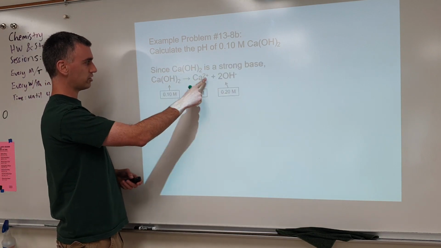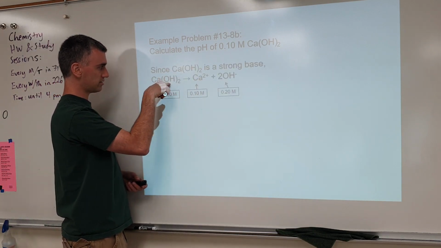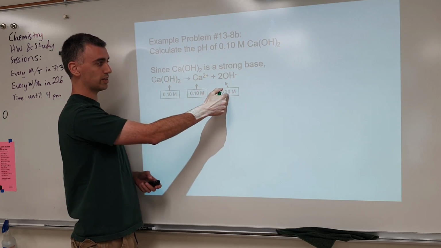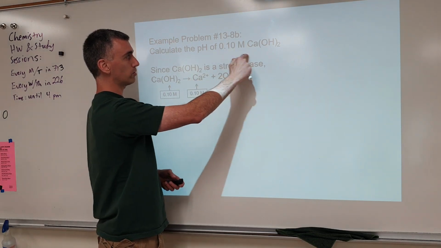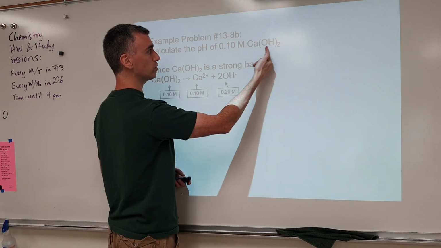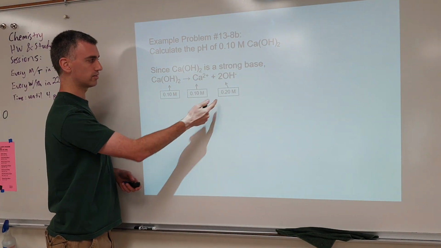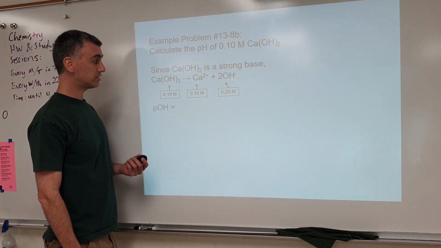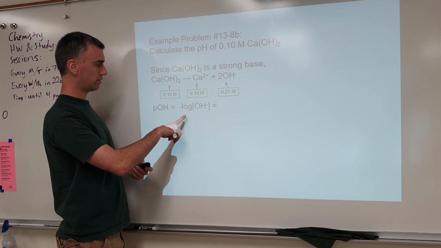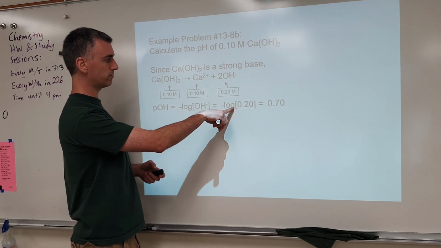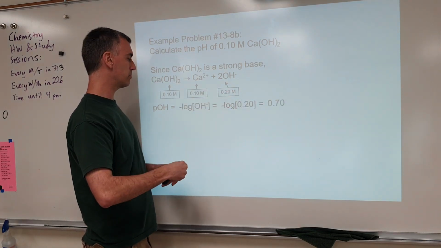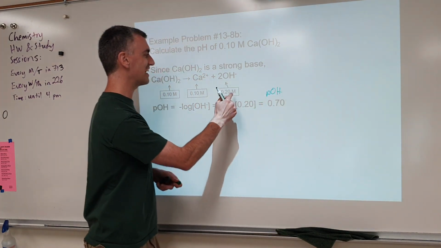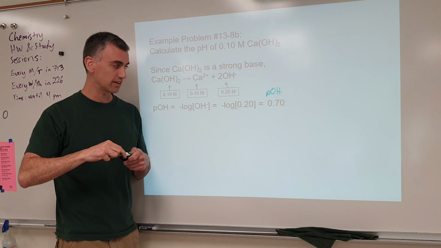So here's what we have to do. Look at this balanced reaction. For every one of these, since there's 2 hydroxides, you get 2 hydroxides. So the hydroxide concentration is twice as much. If you have 0.1 molar of this, you have 0.20 molar hydroxide. Because of that, you still take the negative log of this to get this, remembering that that gives you not pH, but pOH when you take negative log of a hydroxide ion concentration.